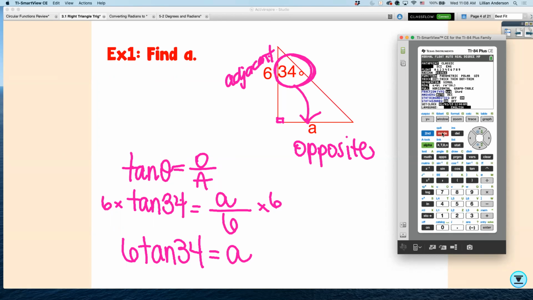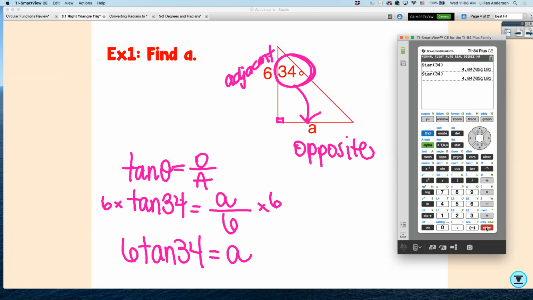So click on your mode button and make sure the fourth line down, degree is highlighted. If it's not, then you need to make sure it is highlighted. So let's say it looked like this instead. Go over to degree, click enter. And then when you go back to try again to type that in, you'll end up with the correct answer.